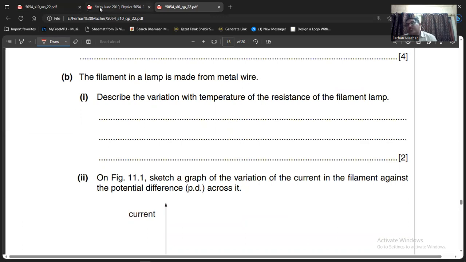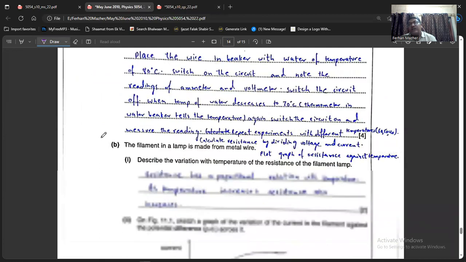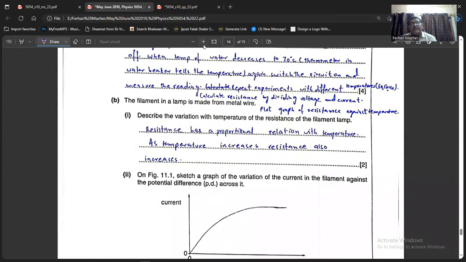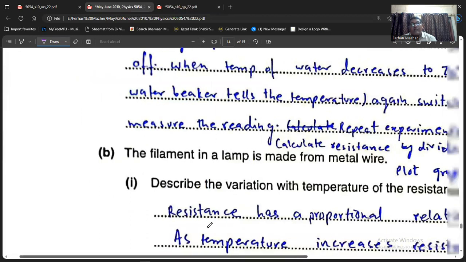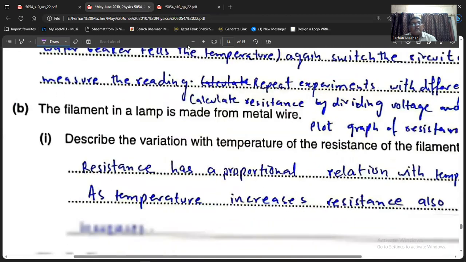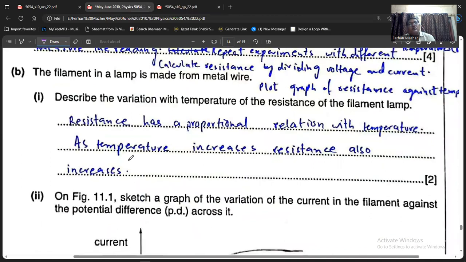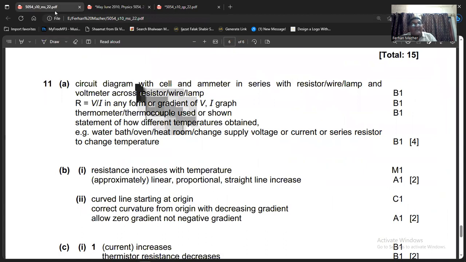And when the temperature decreases, the resistance of the filament lamp decreases. Okay. Resistance has a proportional relation with the temperature. As the temperature increases, resistance also increases. Okay. So that is our answer.